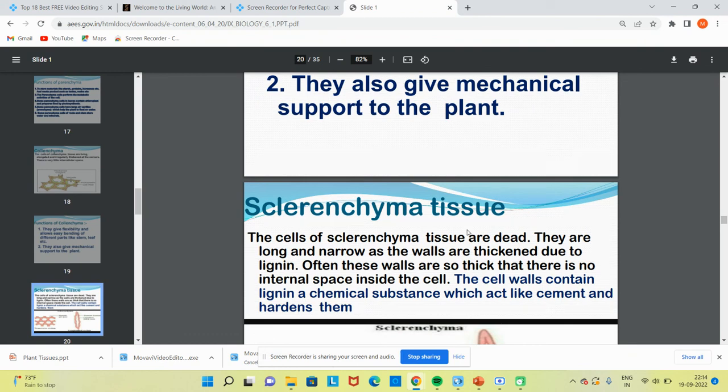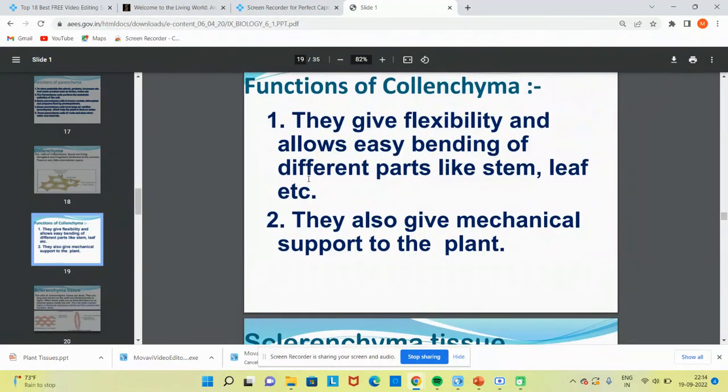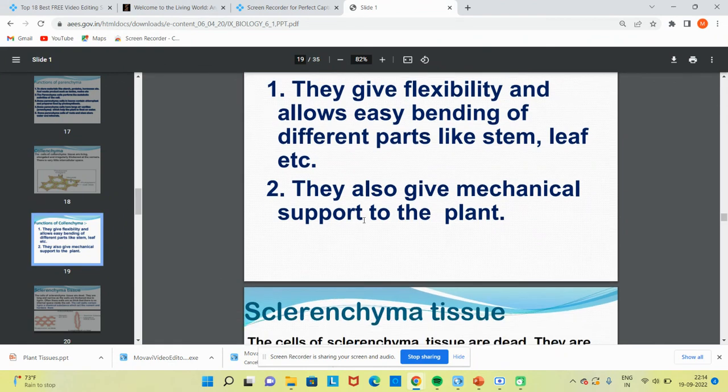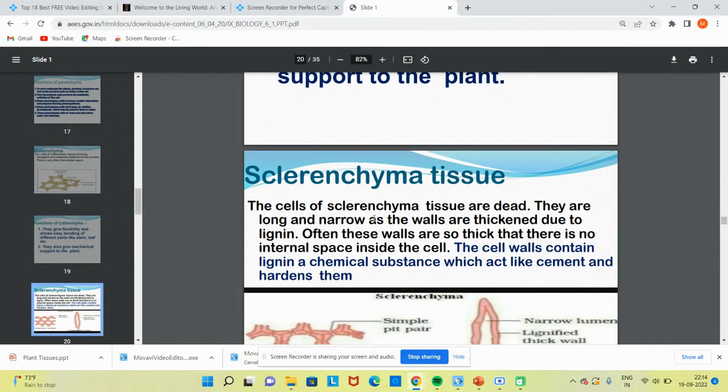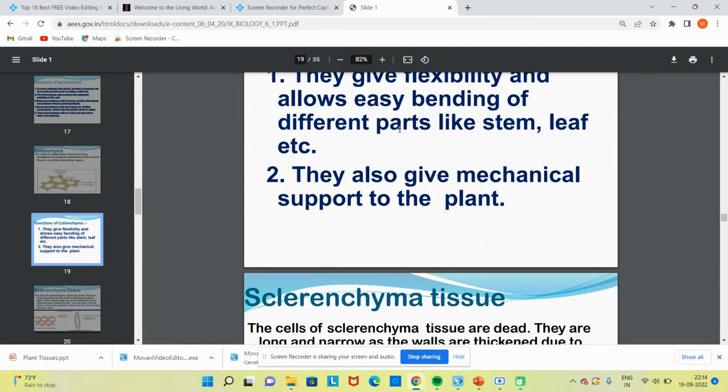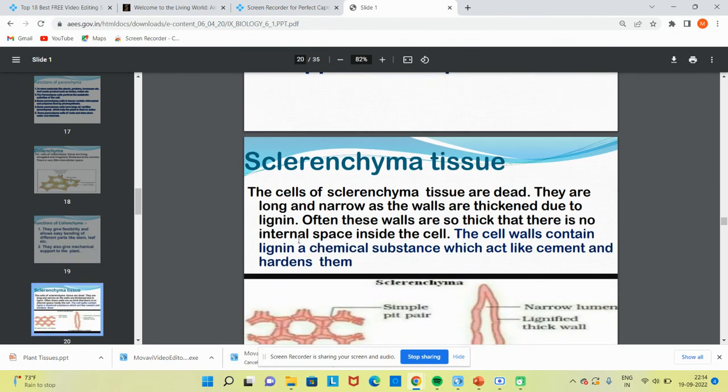Last one is the sclerenchymatous tissue. Whereas the parenchyma and collenchyma are called living cells, the sclerenchyma cells are called dead cells, because here the protoplasm is absent at maturity. Sorry, collenchyma cells are made up of cellulose, hemicellulose and pectin, whereas the sclerenchyma cells are made up of lignin.